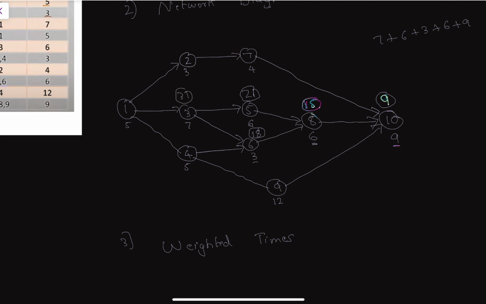Just understand it like this: if you drop ink here, where all will it travel? It will travel to all these paths. Then you need to sum up the time of all the nodes through which the ink passes. So you will get 31.